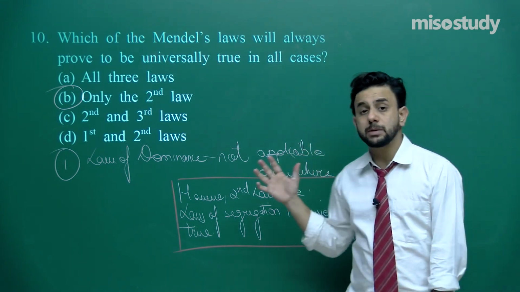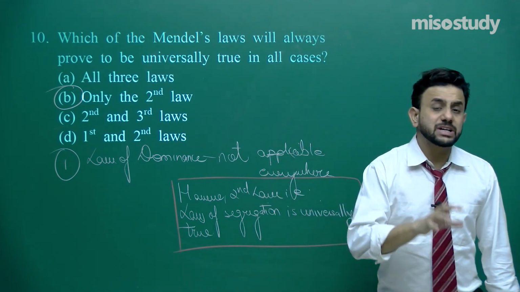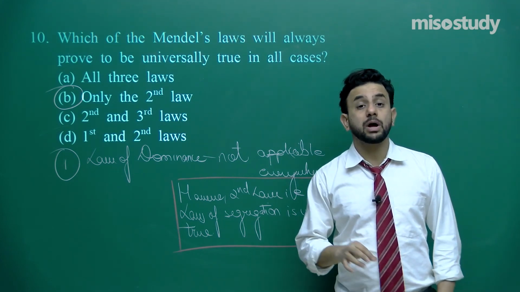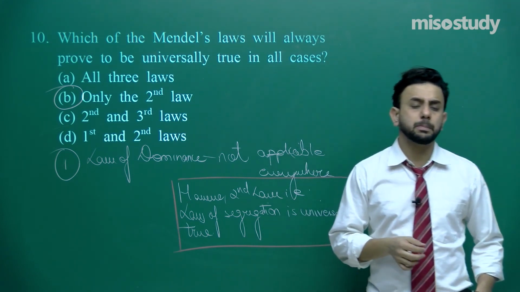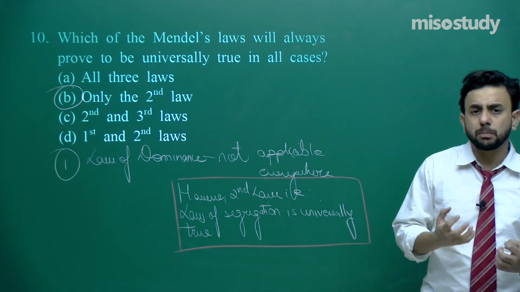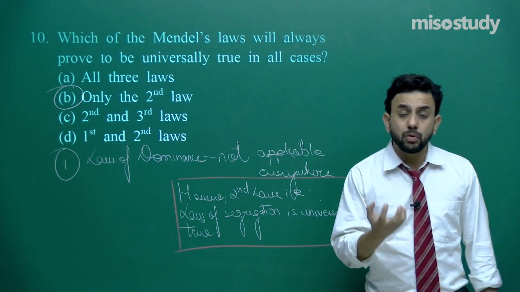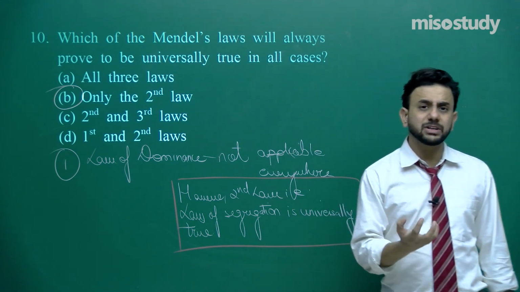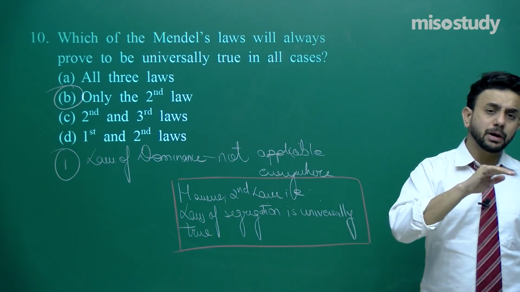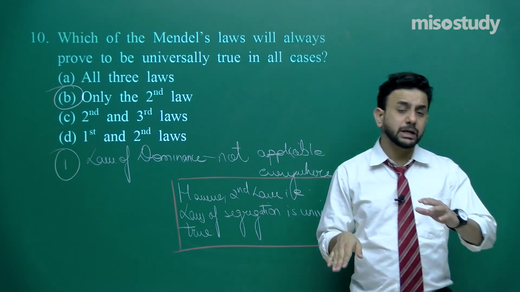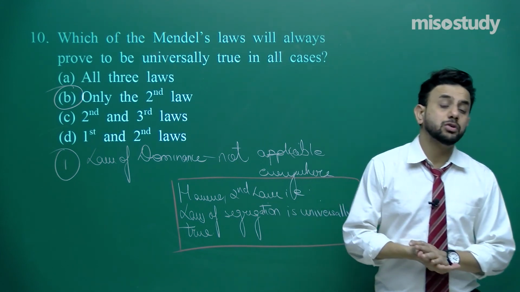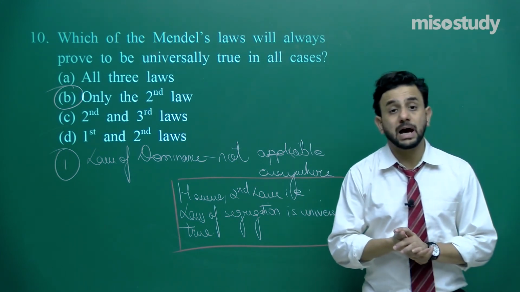And as I keep on telling you, genetics is 10% of your total bio, and bio is 50% of your complete NEET. So if you have command on bio, if you have command on genetics, things will be easy. You will have that extra edge, and definitely your chances to clear NEET would be that much higher.